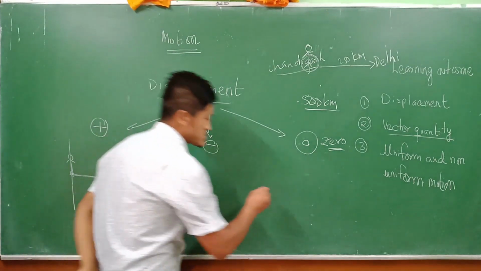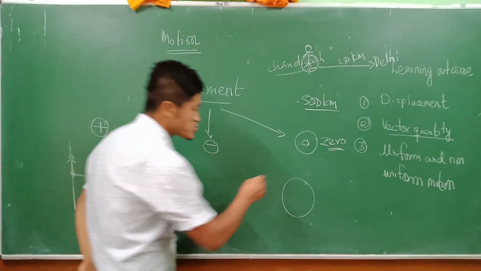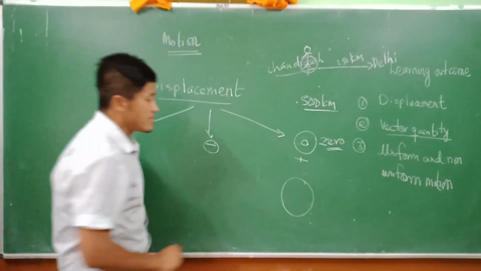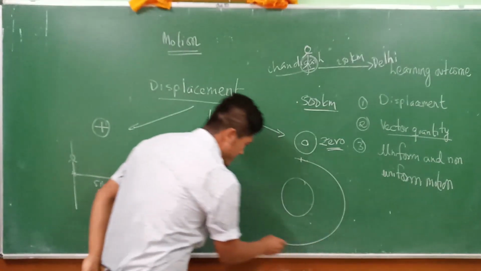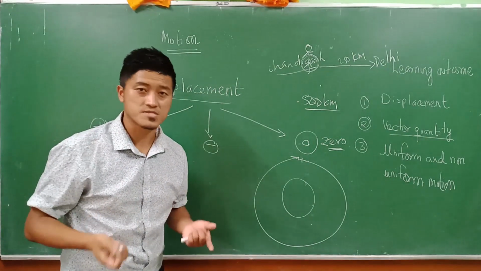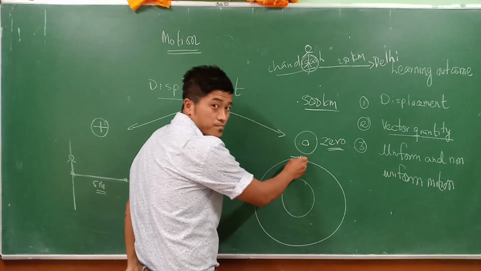Similarly, there is another case. For example, this is the Earth, and we have many different kinds of satellites up in space, right? These satellites revolve around the Earth, thereby giving us so much information. This is the starting position, that is the initial position.